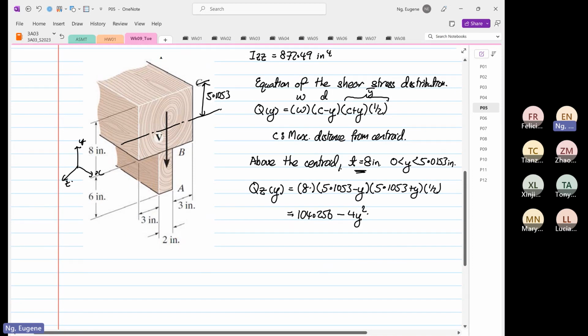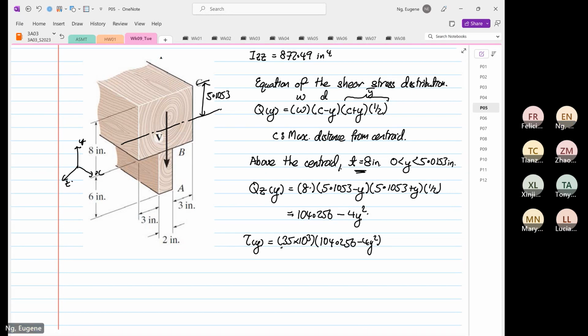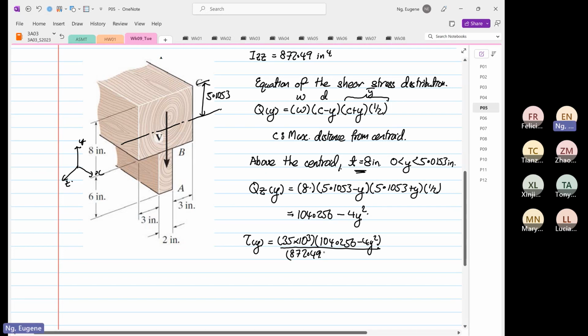So the shear stress as a function of y will be equal to VQ over It. The V given is 35 times 10 to the power 3, multiplied by 104.256 minus 4y squared, divided by 872.49, and then we have a thickness of 8.